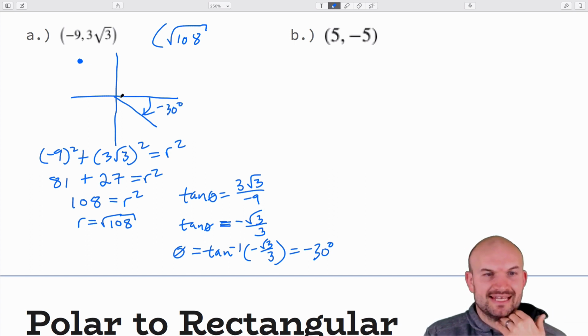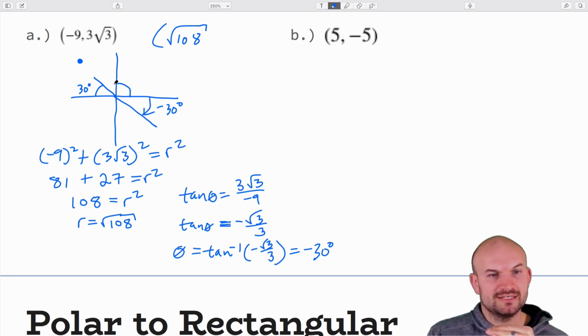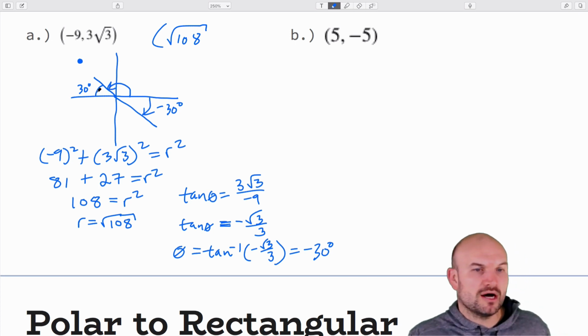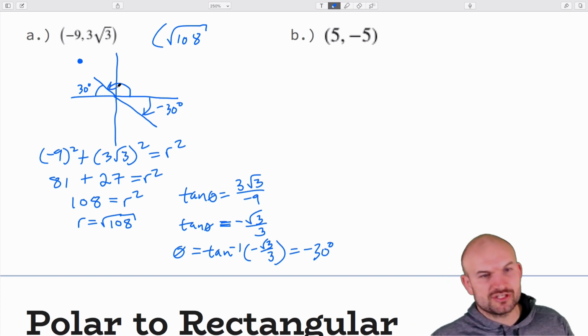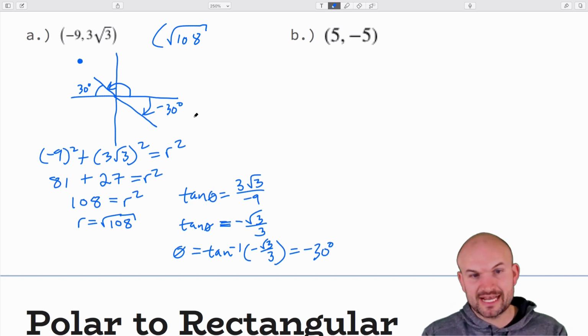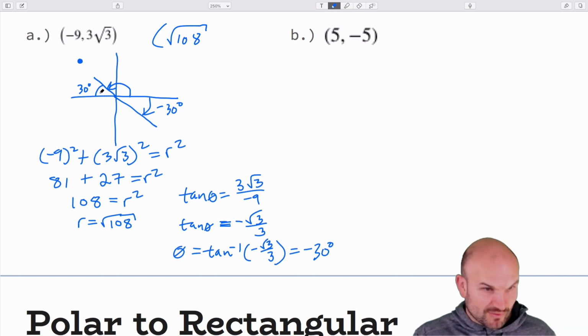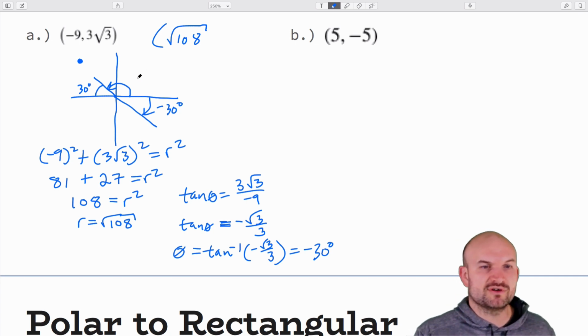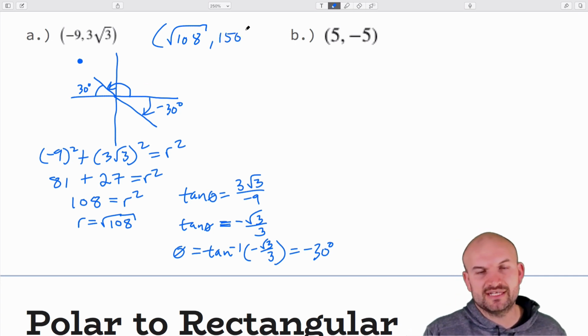So we need to understand that negative 30 degrees, what that's doing is that's giving you the reference angle, right? That's giving you this angle right here. But again, we're not trying to find that angle. We're trying to find the angle in standard form from here to here. So hopefully you can recognize that this is just going to be this angle. My calculator, because tangent inverse gives me negative 30 degrees, that's going to represent the reference angle. So therefore, it's going to be equal to 150 degrees.